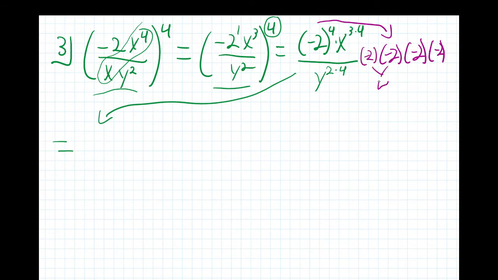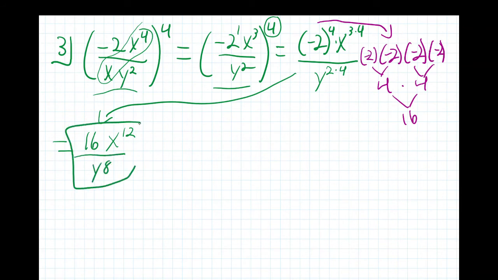Negative 2 times negative 2 is positive 4. Same thing over there. 4 times 4 is 16. So I'm getting 16 times x to the 12th all over y to the 8th. So 16x to the 12th all over y to the 8th is my final answer there.